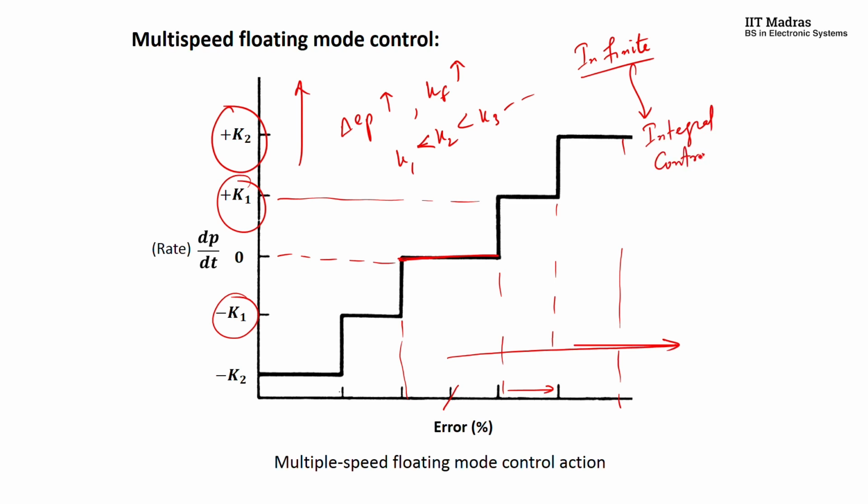As we'll see later, a multi-speed floating control mode with an infinite number of steps, an infinite number of gains based on the range of delta EP, would be equivalent to, not even approximate, would be equivalent to an integral control mode. We will see this in subsequent classes. Okay, thank you.